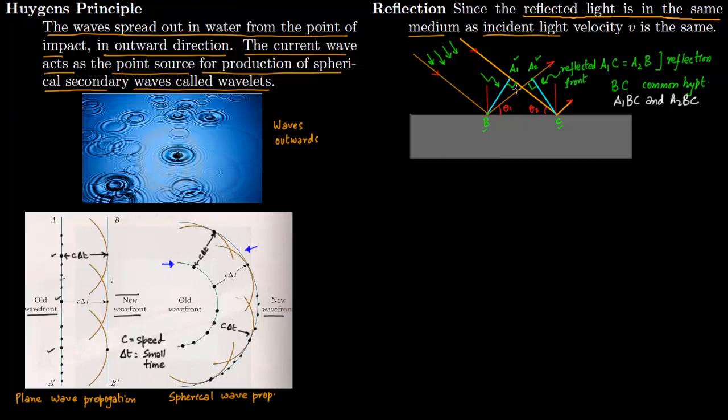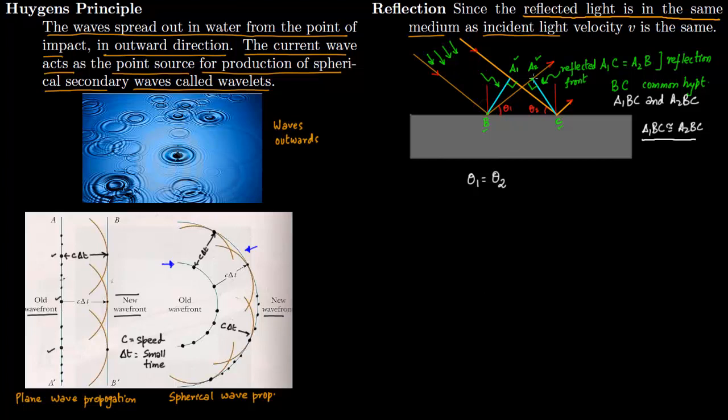So you have the hypotenuse is the same, the right angle, the perpendicular is also the same. So you have two congruent triangles. A1BC is congruent to A2BC. So since these two triangles are congruent, you have the angle theta 1 equal to angle theta 2.